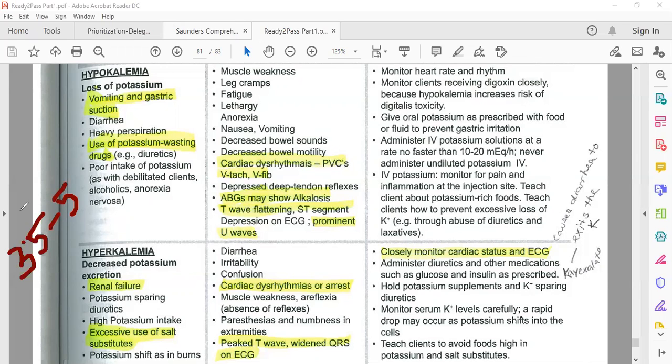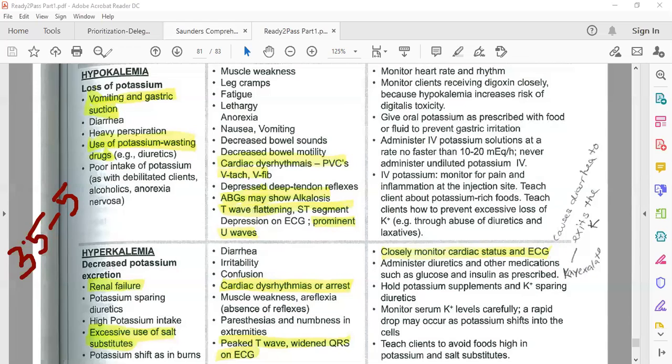If my body potassium level is less than 3.5, you can say hypokalemia. If the potassium level is more than 5 milliequivalent per liter, you can say hyperkalemia. Both are bad. Both develop dysarrhythmias, and dysarrhythmia develops heart failure and the patient dies, right?